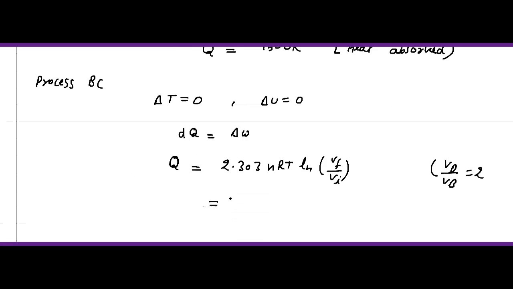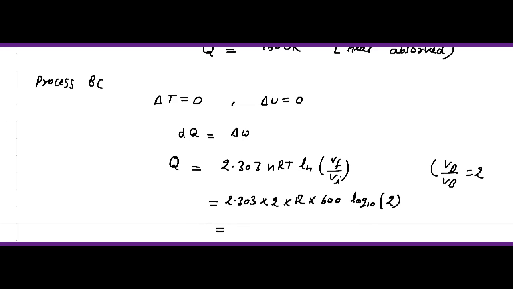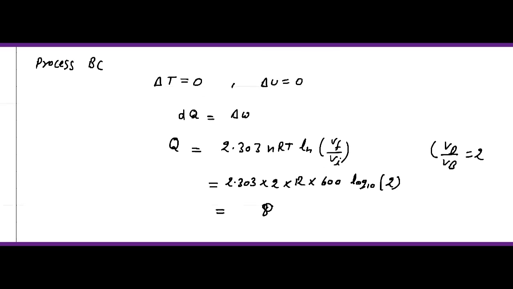So here we can write 2.303 into 2 into R into 600 into log base 10 of 2. After calculating this term will come 831.8 R. This is the heat QBC, and here also heat is absorbed.